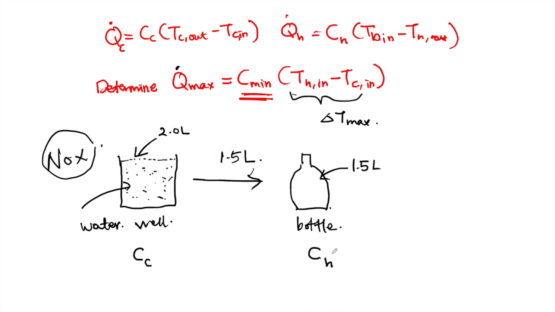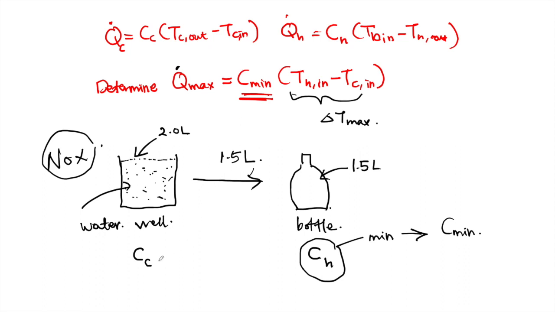Here we know that CH is a minimum. Therefore, this is C minimum. In order for you to calculate the maximum rate of heat transfer, you have to use C minimum.